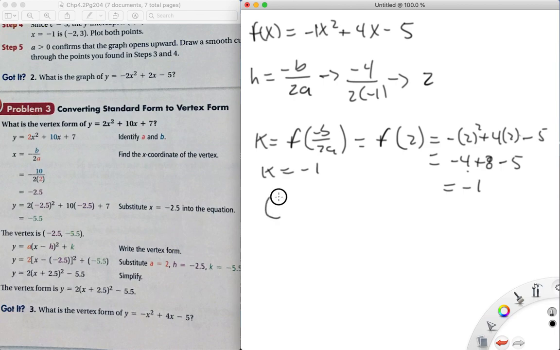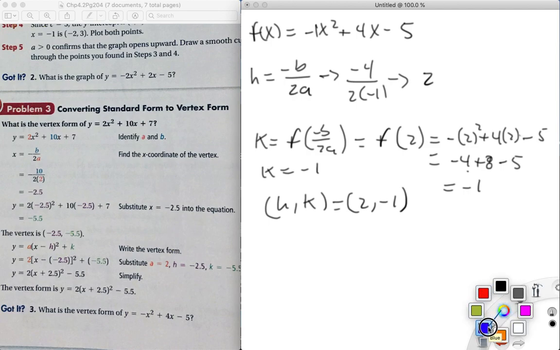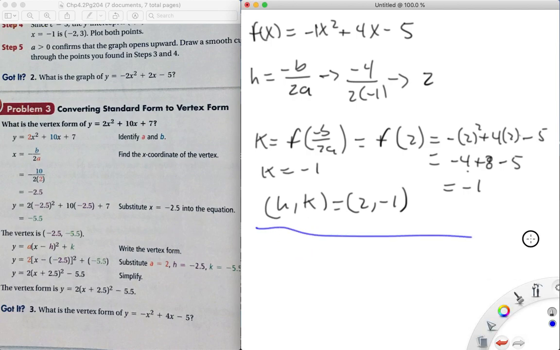So my vertex h, k is 2, negative 1. Now that I have my h, k, I can convert it into vertex form. Remember that vertex form is f of x is equal to a times x minus h squared plus k.